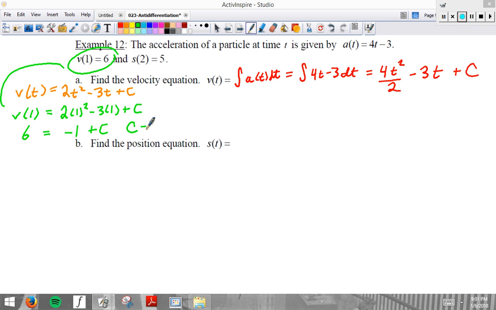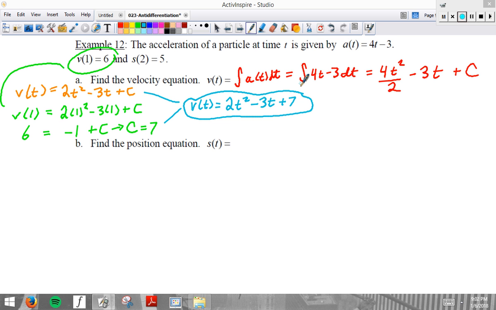So c equals 7. Okay? And again, combining these two, we get that the velocity equation for this particle would be 2t squared minus 3t plus 7.